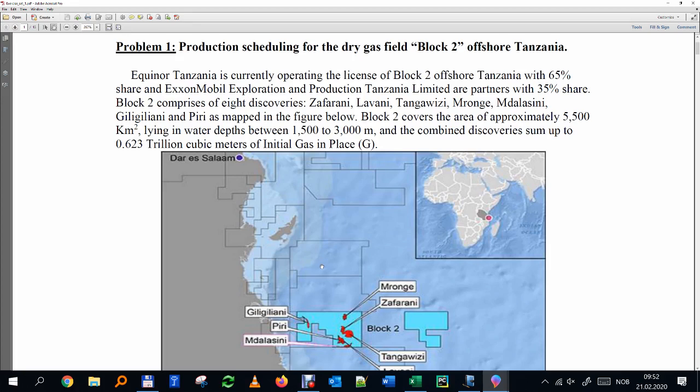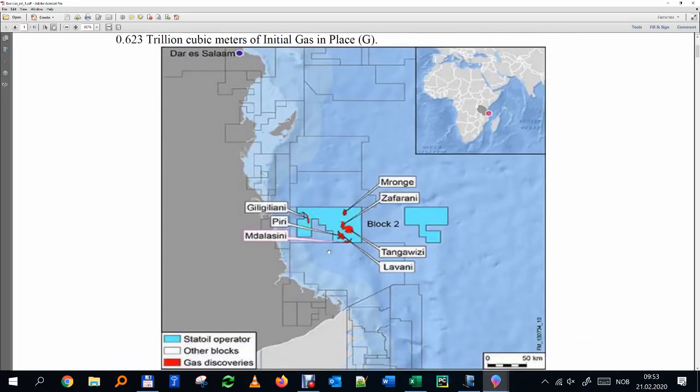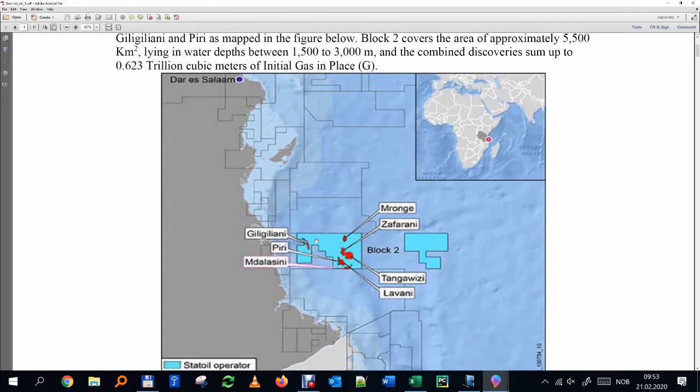Anyone here from Tanzania? No? You're from Tanzania? Okay. Are you familiar with Block 2? This project? I've been working in oil fields before. But I think it's kind of popular, it's in Tanzania, right?